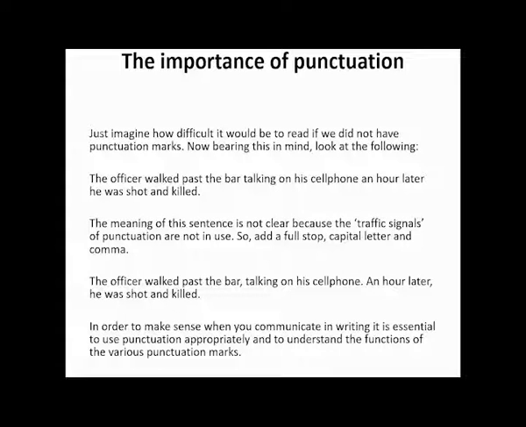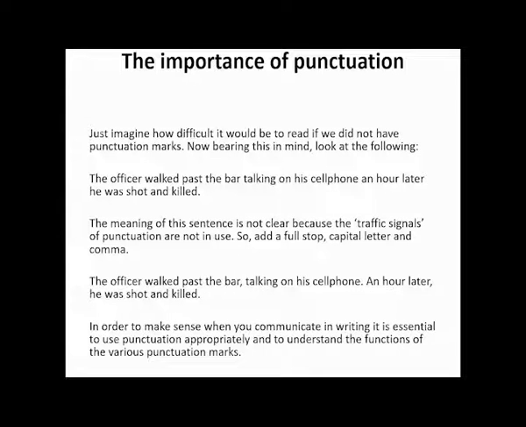Now it will read, the police officer walked past a bar, talking on his cell phone, full stop. An hour later, comma, he was shot and killed. So number one, I have placed a comma to show you that we have two different things that were happening here.